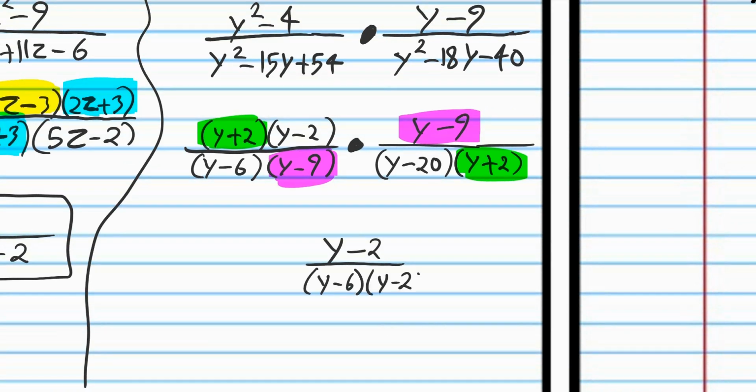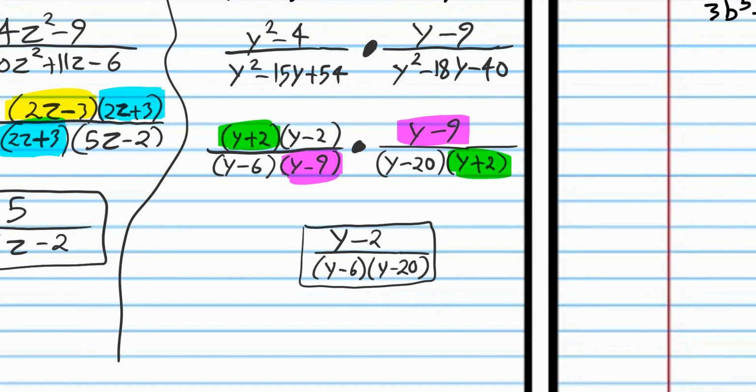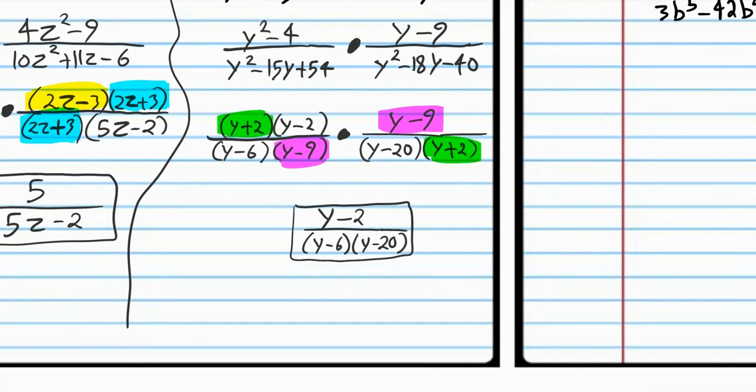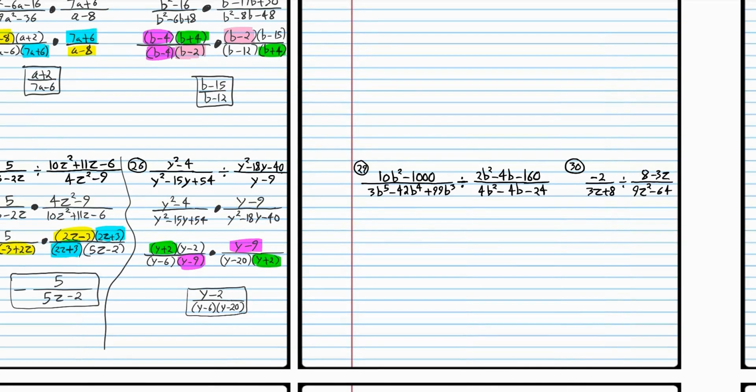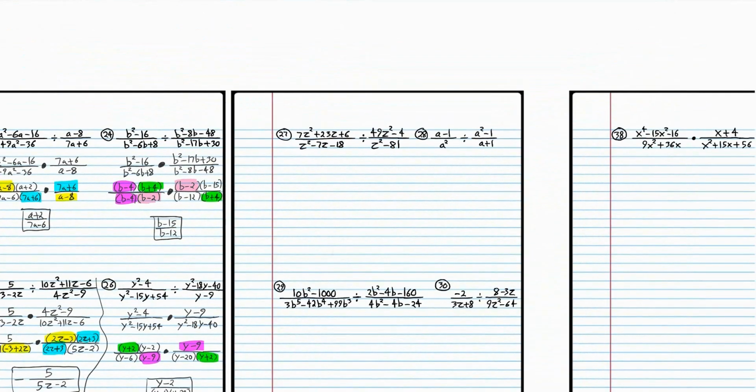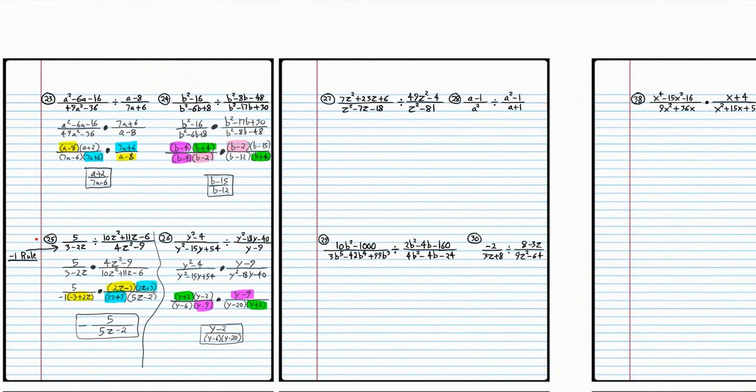But there's two terms on the bottom, so I need parentheses because they're multiplied together. You use parentheses for multiplication. So if you got that answer, good job. If you didn't, that's okay. Just go back and figure out what you did wrong. All right, on to number 27.